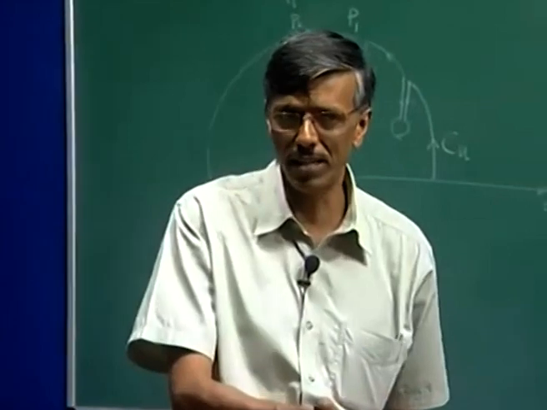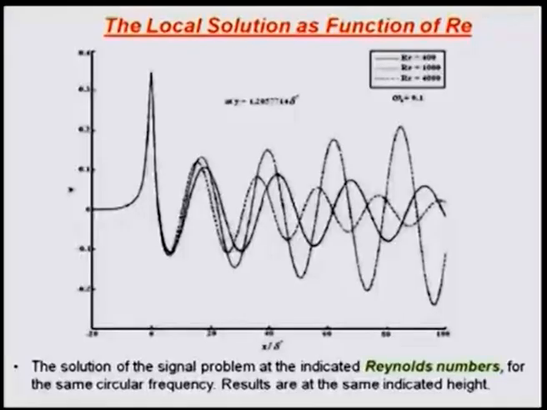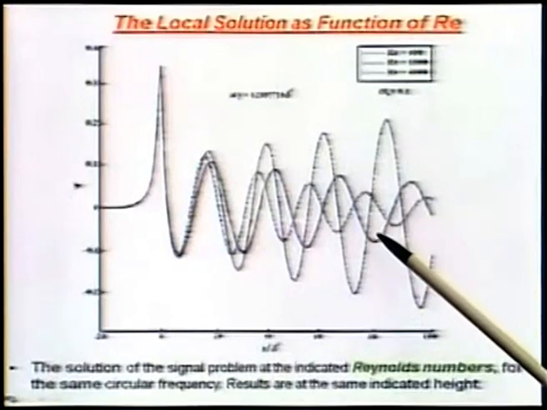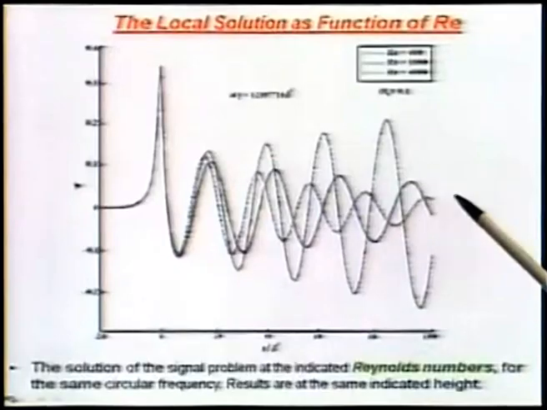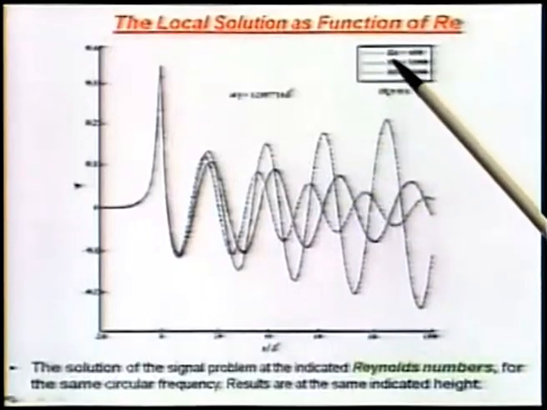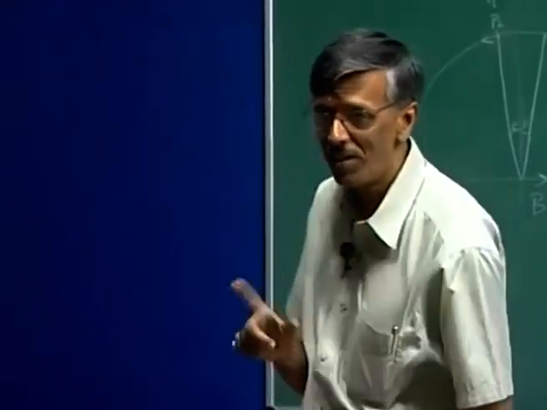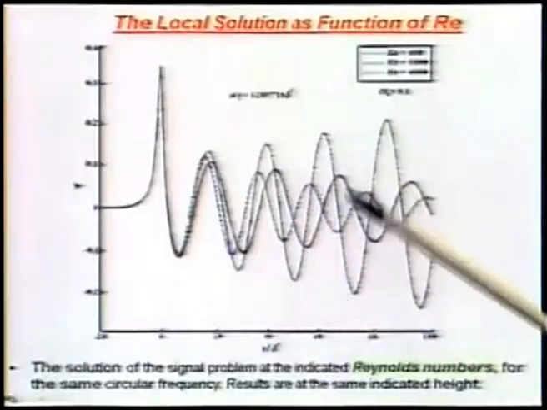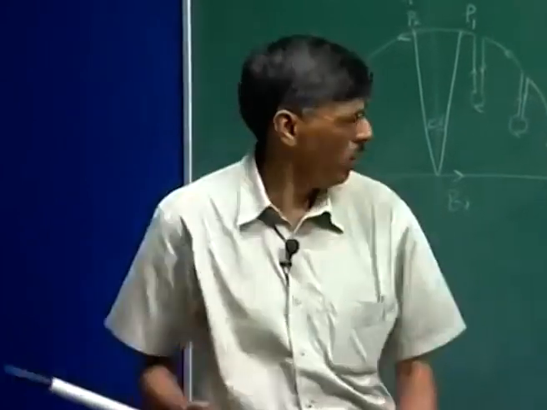It's below the critical Reynolds number, so the disturbance should be damped. And that's what you are seeing, this 400 solution. It is decaying. Okay, that is that part. What about 1000? 1000 is inside that neutral loop, and you have an unstable solution. That is what this solution is. It's growing.